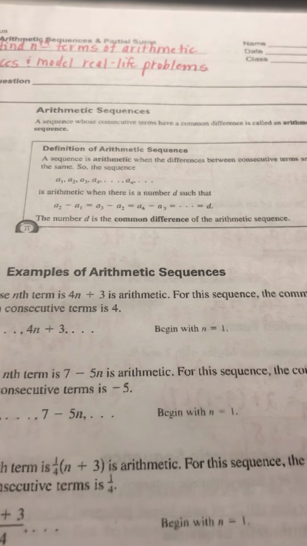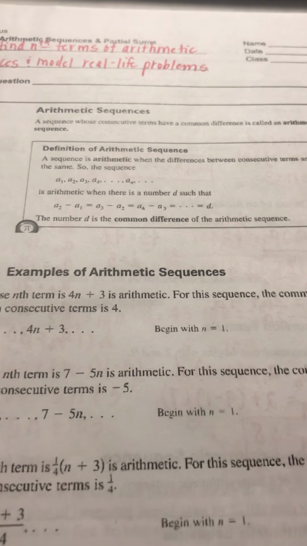Okay, on this one, -3 minus 2 is -5. -8 minus -3 is -5. So each time they're going down by 5. So your common difference would be -5. Same thing on example C. You would take the second term, take away the first term, and if you keep doing that and you keep getting the same number, then that's your common difference.